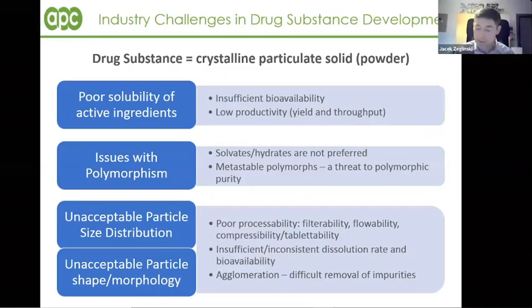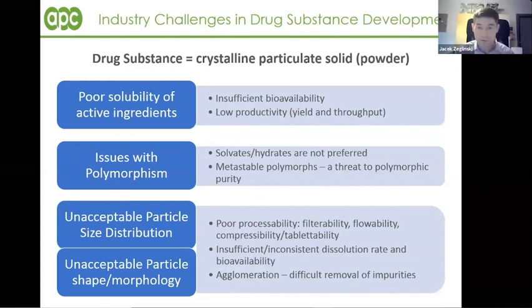Nowadays, more and more APIs, even though they are considered small molecules, are getting larger and larger, up to even 1,000 grams per mole in molecular weight. And they are also quite flexible, three-dimensional, quite complex. And that actually brings complexities or challenges related to solubility.